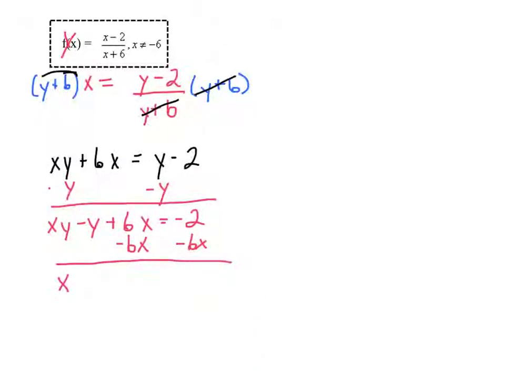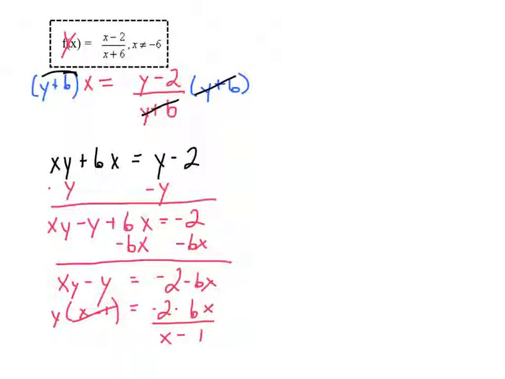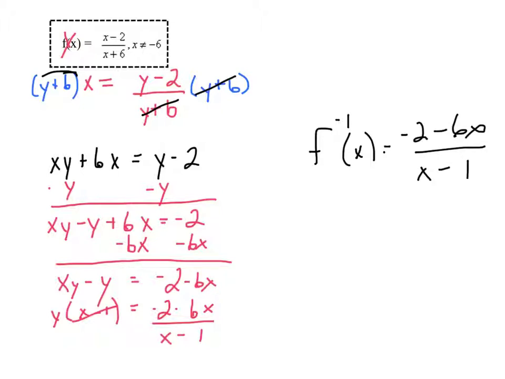So I end up with xy minus y equals negative 2 minus 6x. I can factor a y out, left with x minus 1. Divide both sides by x minus 1. So my inverse is (negative 2 minus 6x) over (x minus 1).